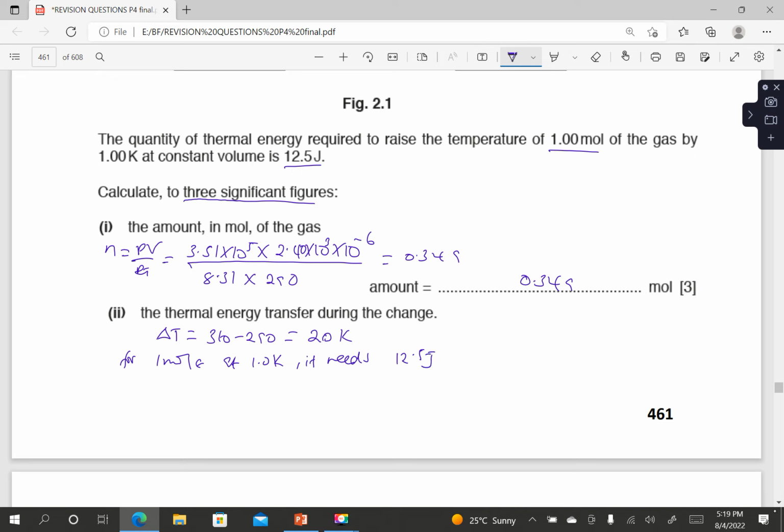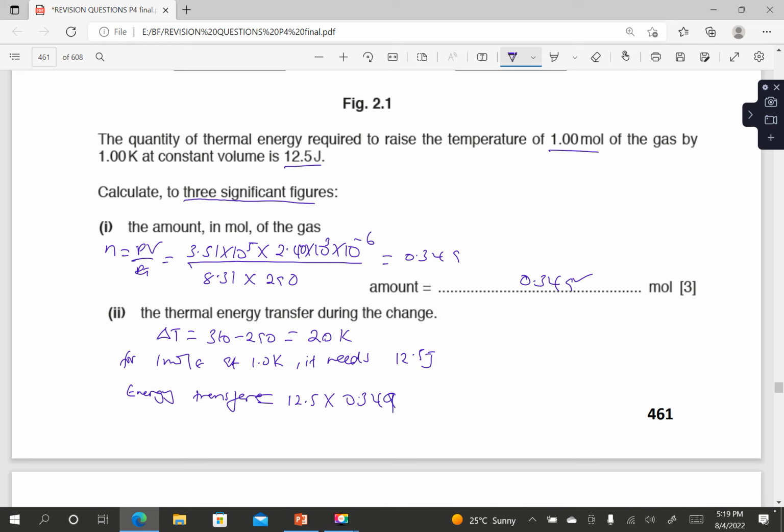So the total energy transfer: the total amount of energy needed to change this number of moles by just 1 Kelvin will be equal to 12.5 times 0.349.